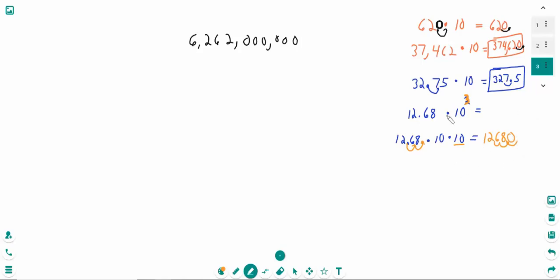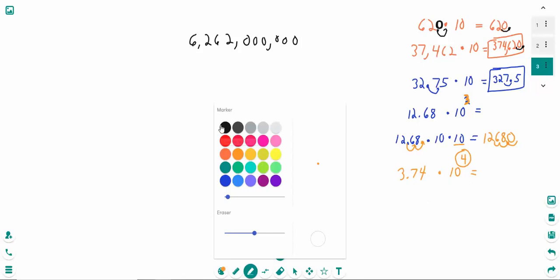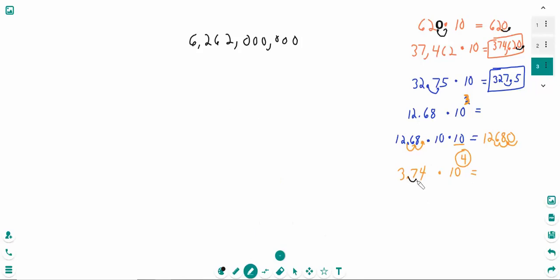Okay? So, knowing that, all that we need to recognize is that if I have a number and I'm multiplying it by 10 to some power, let's say it's 10 to the fourth, this power indicates how many positions I need to move the decimal point. So in this case, I need to move the decimal point 4 times. So it's going to be once, twice, 3 times, 4 times.